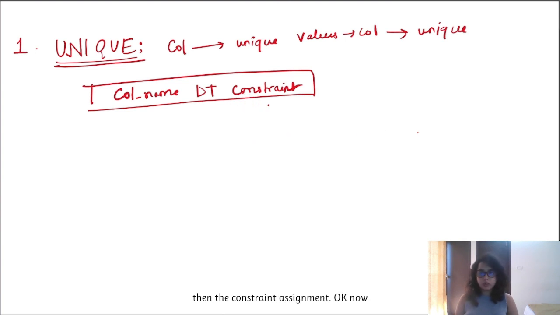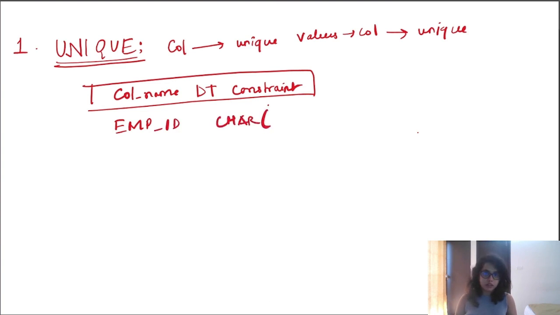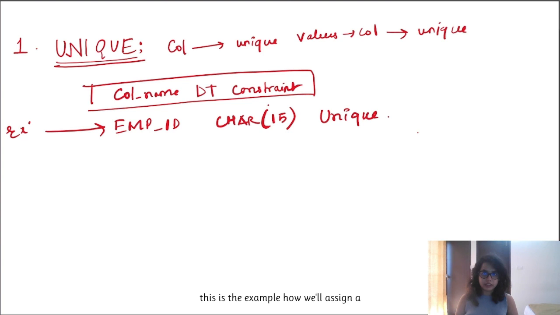In this example, my employee ID is of char data type, with the parameter given along with char, and the constraint I want to give is unique. So this is how we assign a constraint to a column.